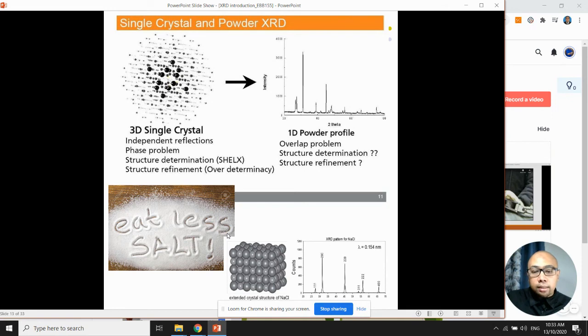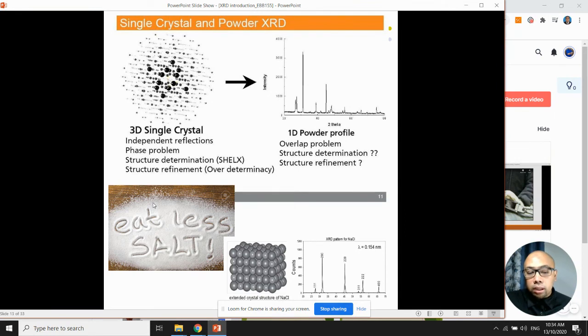Sodium chloride in powder form is a solid, crystalline material. We know this material is salt, but are we sure? Because this white color may be flour, sugar, magnesium oxide, or calcium oxide, while the chemical formula for salt is sodium chloride.